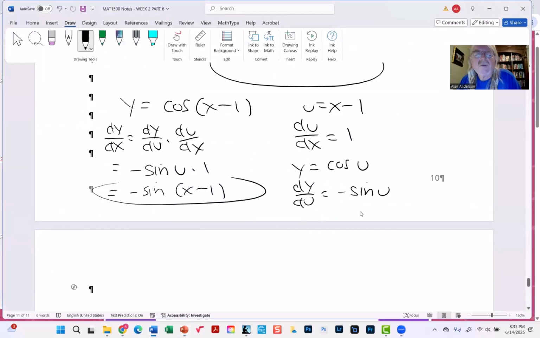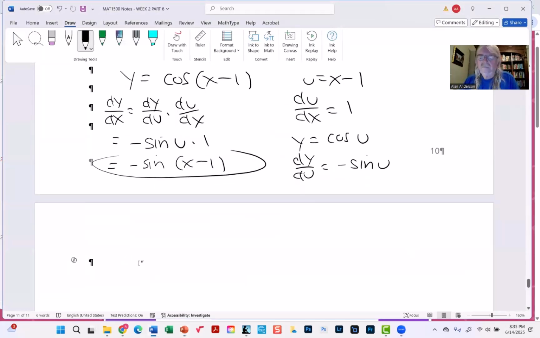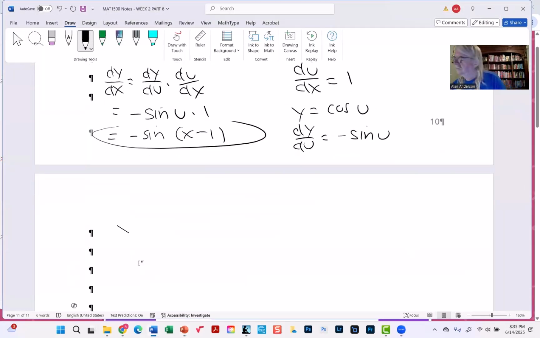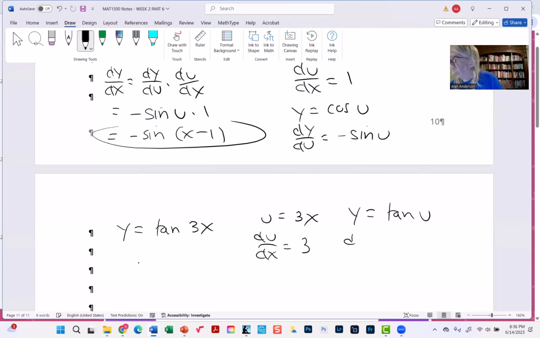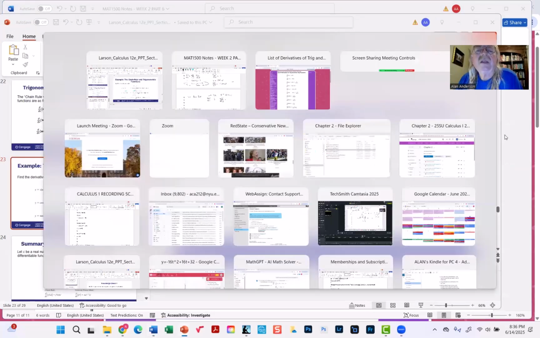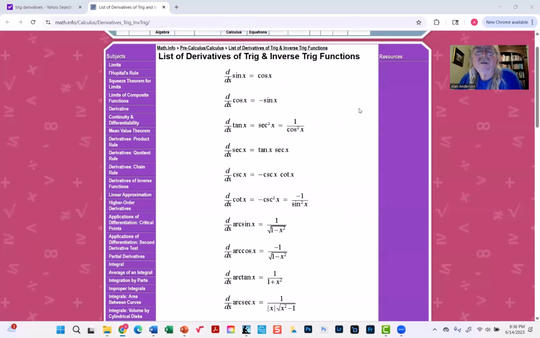All right, y equals tangent 3x. u equals 3x. du dx is 3. y is tangent u. So yes, if you remember the derivative of the tangent, we have the chart right here, is the secant squared.